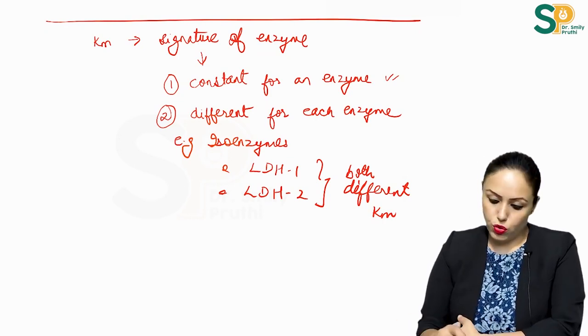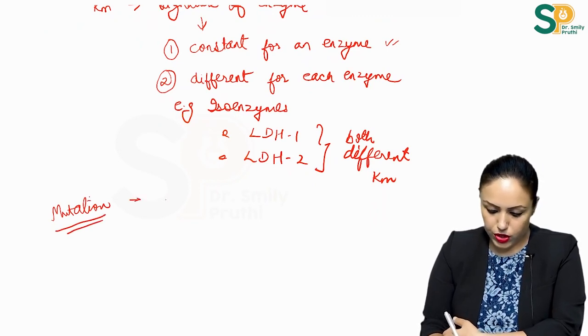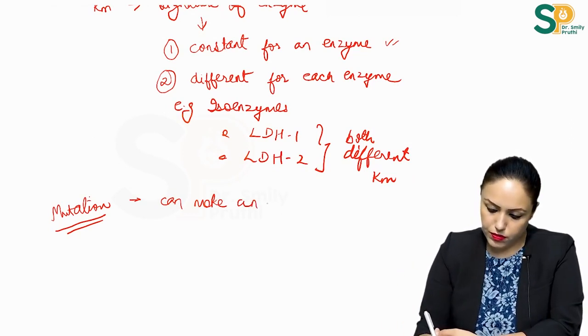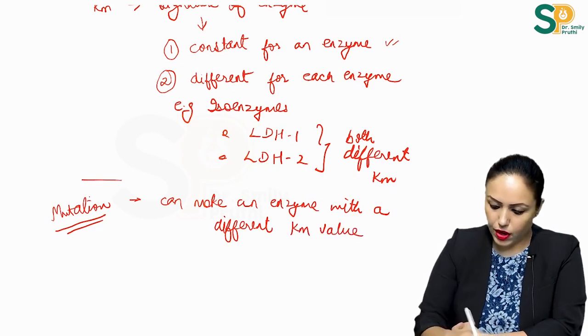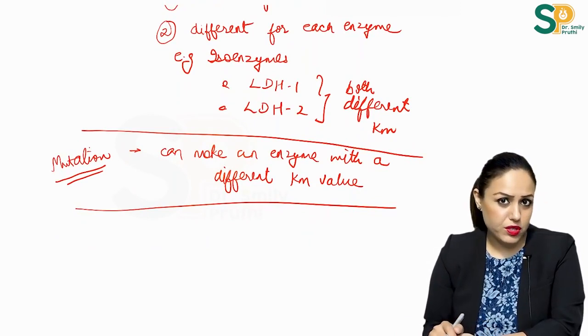Okay, also mutation can make an enzyme with a different Km value. Even mutation can make a different mutated enzyme with a different Km value, right? So I can say that Km can be used to compare enzymes.